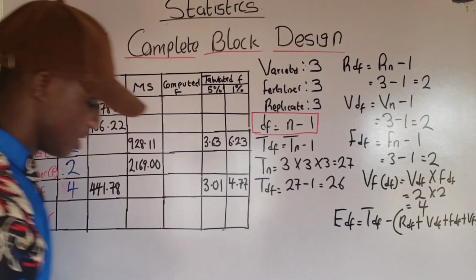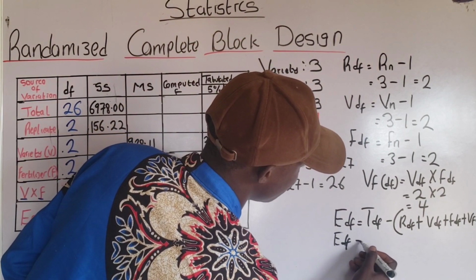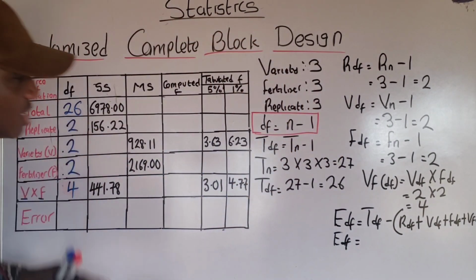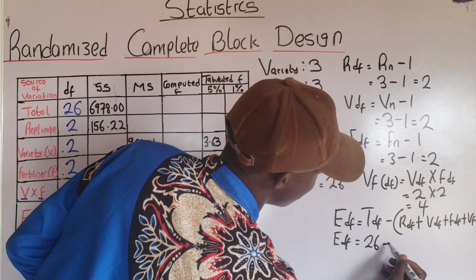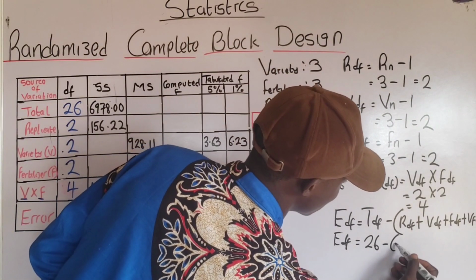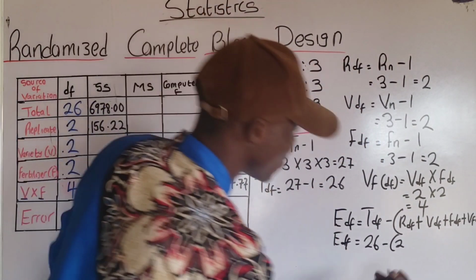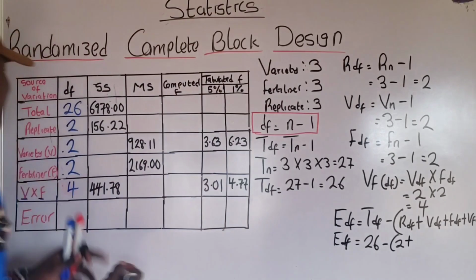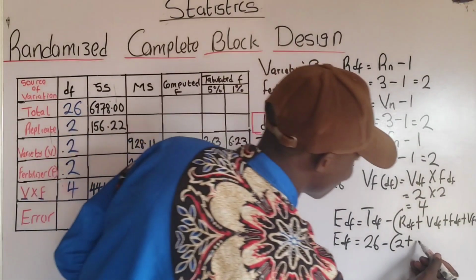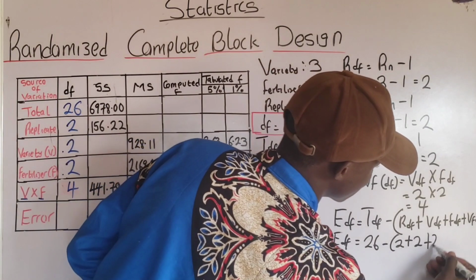That is the formula that we are going to use to compute the error degree of freedom. That means the error degree of freedom will be equal to the total degree of freedom, which is 26, minus the replicate degree of freedom, which is 2. Sorry, it's not 22, it's 2. Plus the variety degree of freedom, which is 2. The fertilizer degree of freedom is 2 as well, so plus 2.